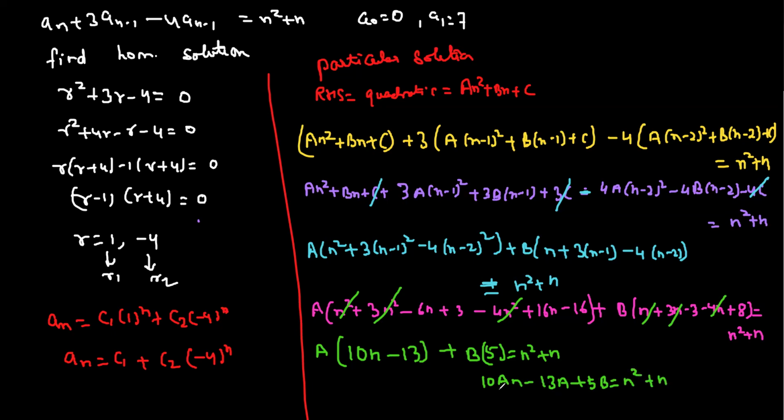Okay, see. There is no n square in left side. Right? You're not getting?